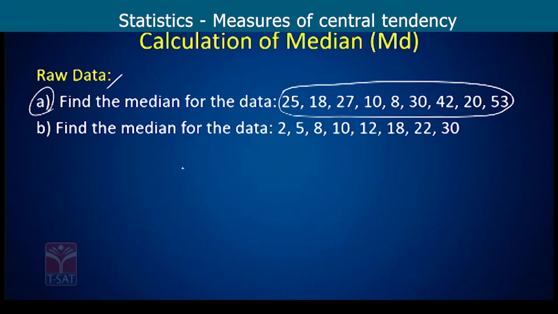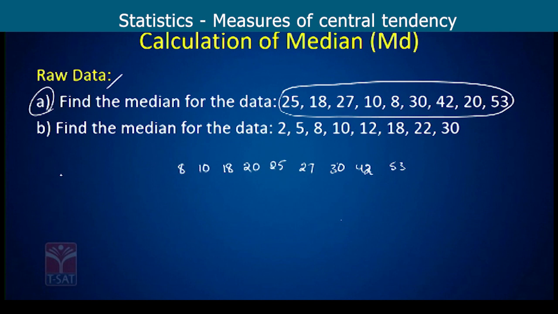So the first observation will be 8, then 10, 18, 20, 25, 27, 30, 42 and 53. That is 9 observations.